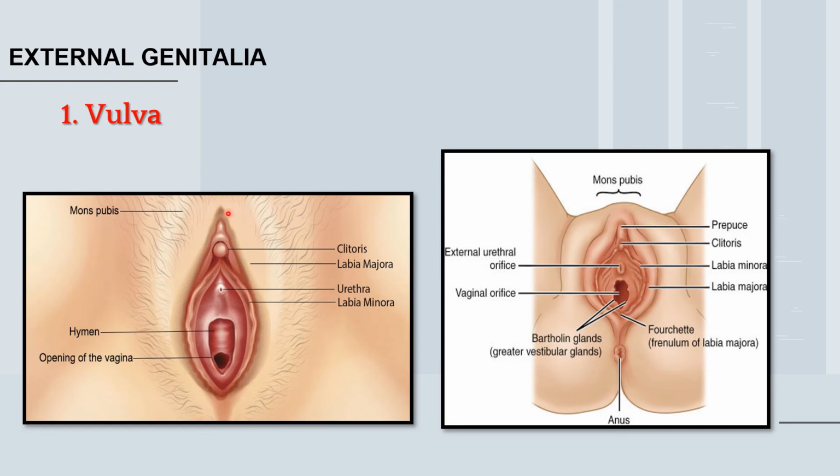Labia majora are going to enclose small lip-like folds called labia minora. So inside the labia majora there is going to be a pair of small lip-like folds called labia minora.